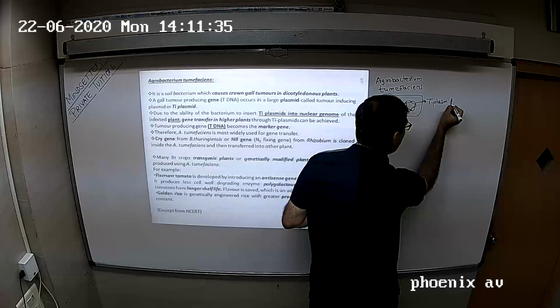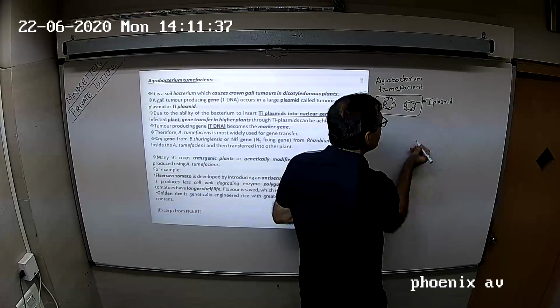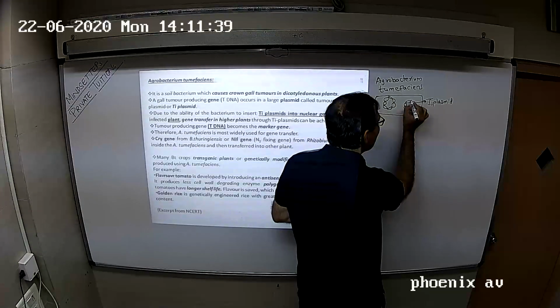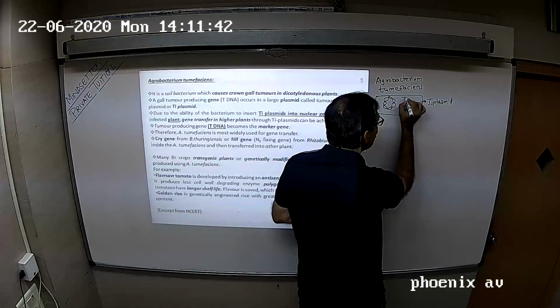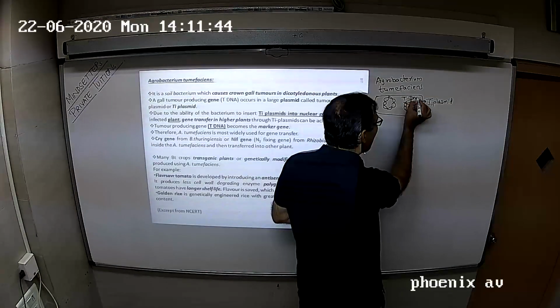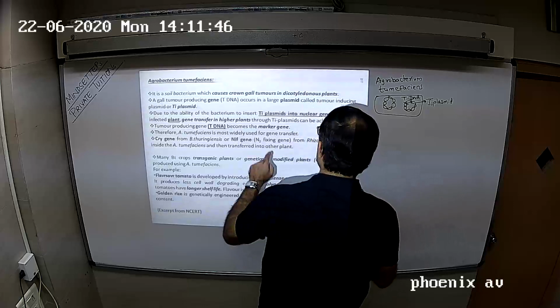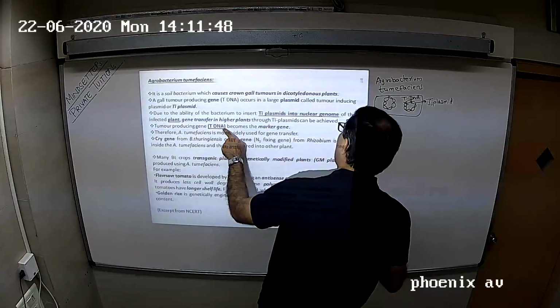Ti plasmid, tumor inducing plasmid, and it has a gene which is called tDNA, which is called tumor inducing DNA.